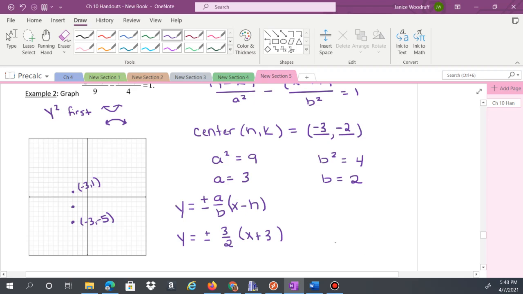Okay, but basically, what you're going to do here is when you're counting the asymptotes, 3 over 2x, you're just counting from the vertex again. Okay, so here you're going to go up 3 over 2, so right here, and then you would go down 3 over 2 on both sides, then up 3 over 2 on both sides. Okay, so you're getting the lines for your asymptotes here.